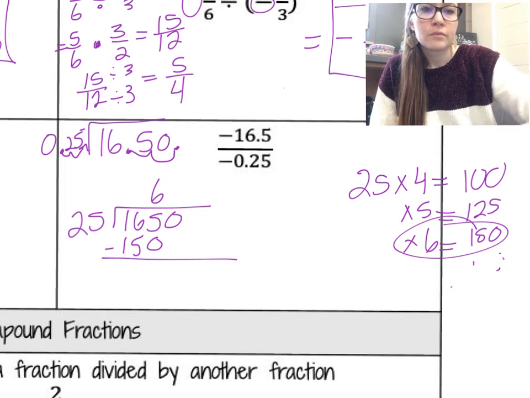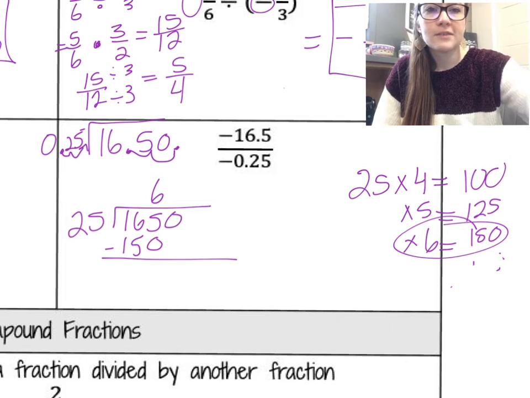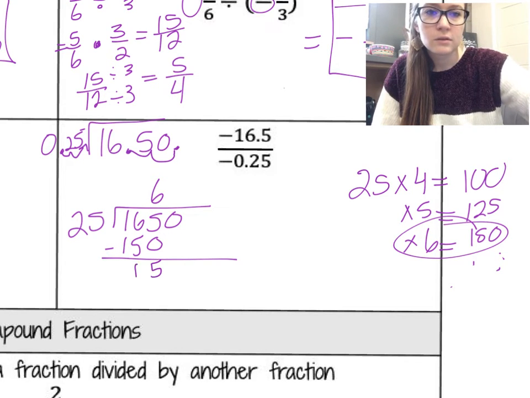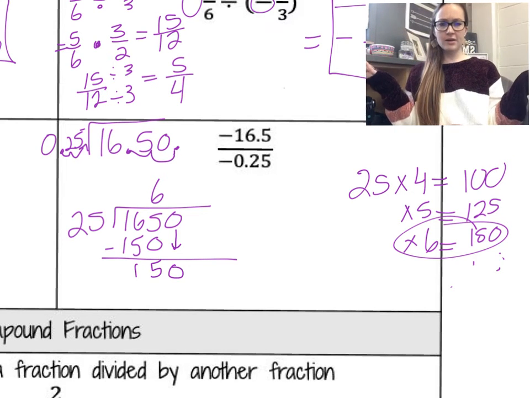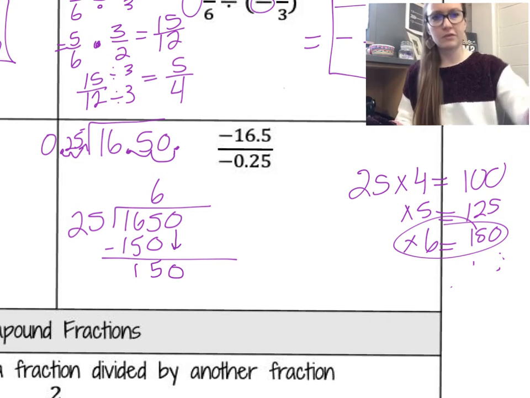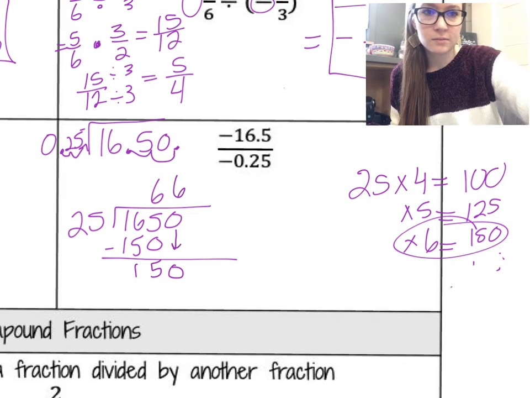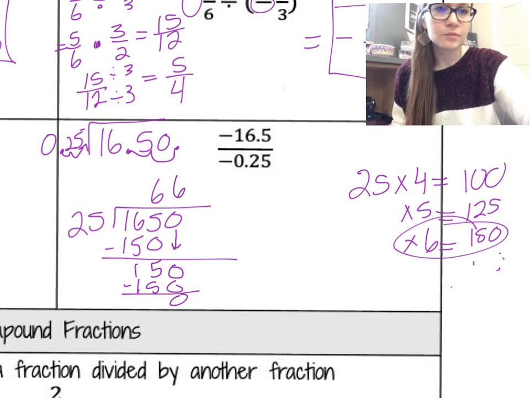Okay. So then now I have 165 minus 150. Okay, so you're left with 15. This 0 comes straight down. Oh, and that's super nice. We already found out how many times 25 goes into 150. So 6. We're left with 0.